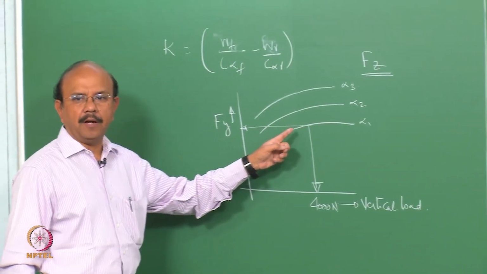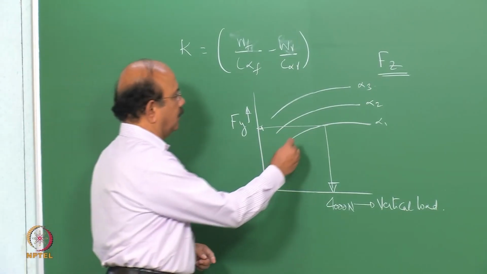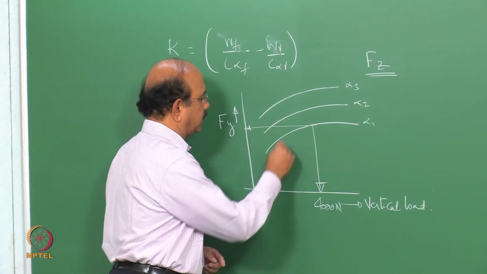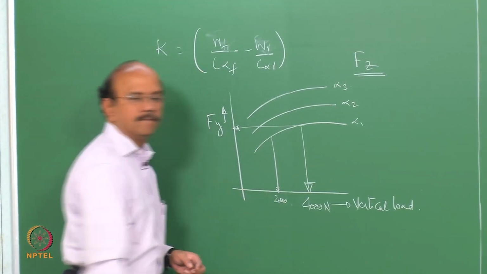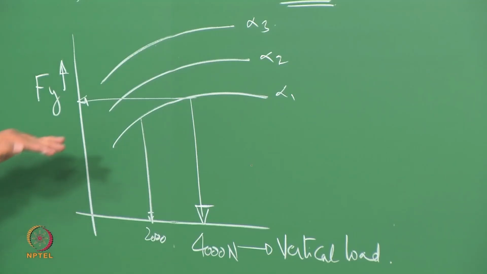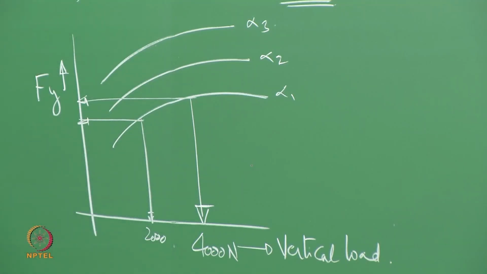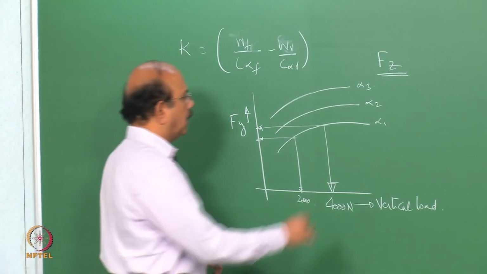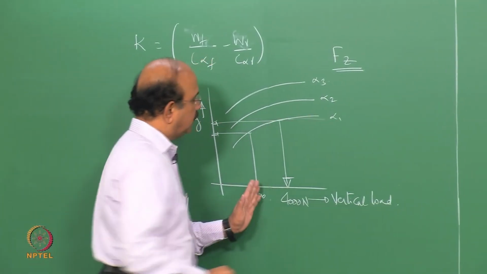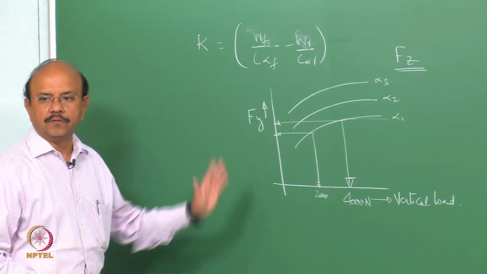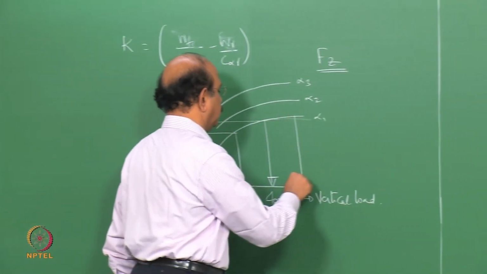For the same alpha 1, which is the slip angle, when the load comes down, say for example it comes down to 2000, the force that is produced comes down. And for the other tire, which is going to increase to 6,000, the force is going to increase.